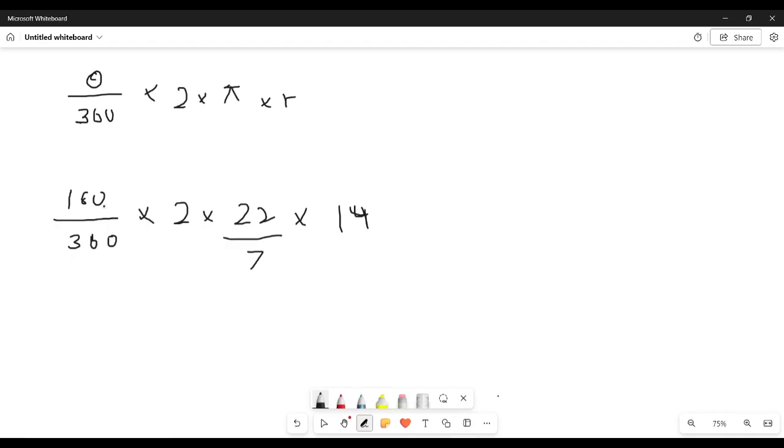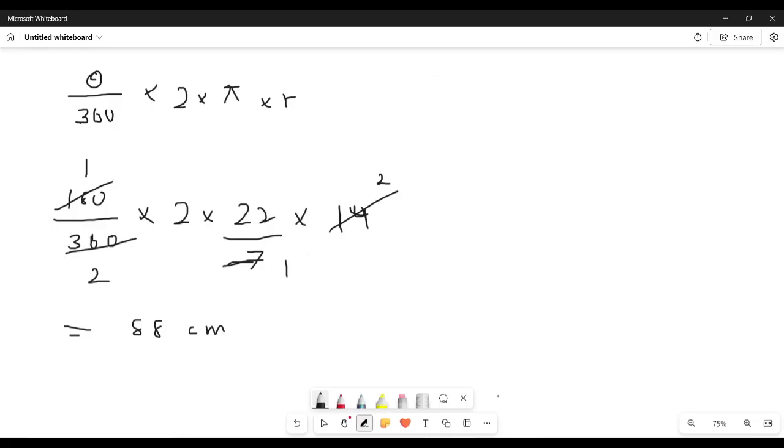Right. So now we can do the cutting. Obviously, this is half, and 7 times 2 is 14. Right. So then our arc length is going to be what? 2 times 22, that is 44. And 44 times 2, that is 88 centimeter, right?